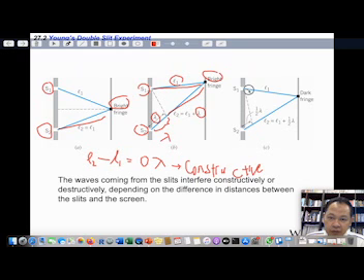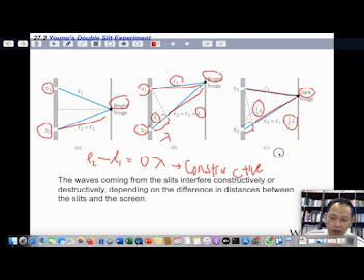What happens if the difference, this is L1, this is L2, and additionally this one is half lambda? What will happen? You can find the difference is this one, it means there will be a dark fringe. So you can easily find the difference based on the formula.